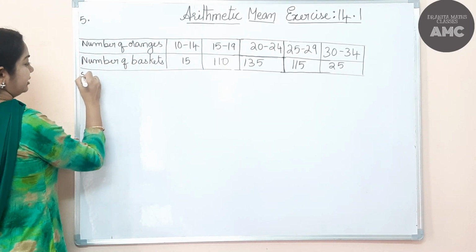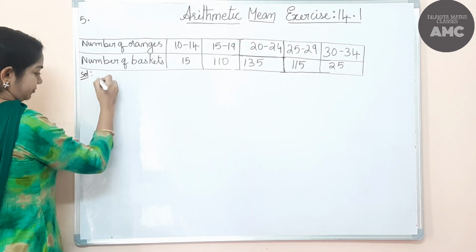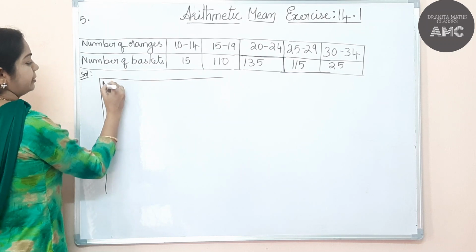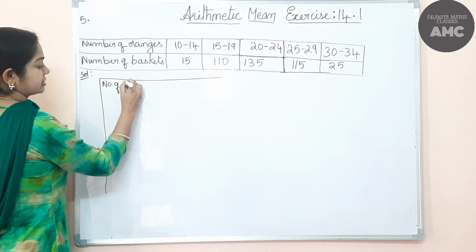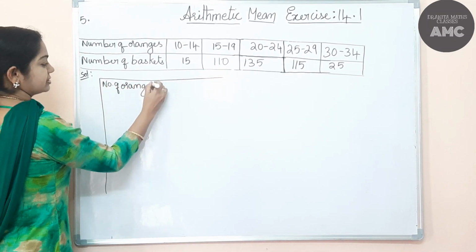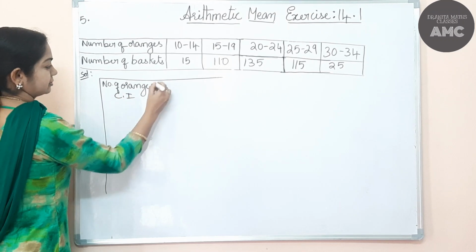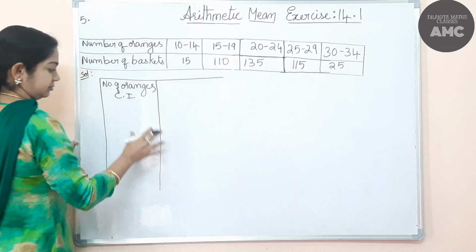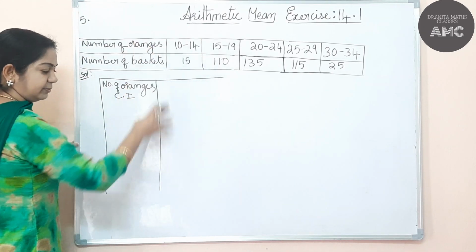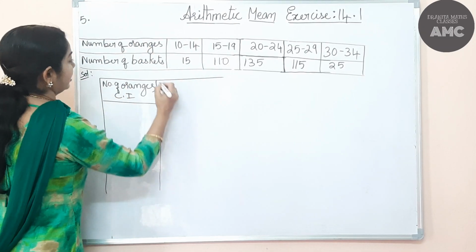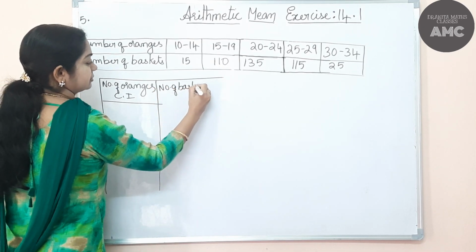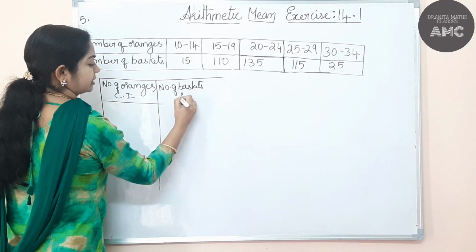Now first we'll write the tabular column. The number of oranges. This is the class interval, right? We'll write it in the vertical way, and the number of baskets, this is the frequency.